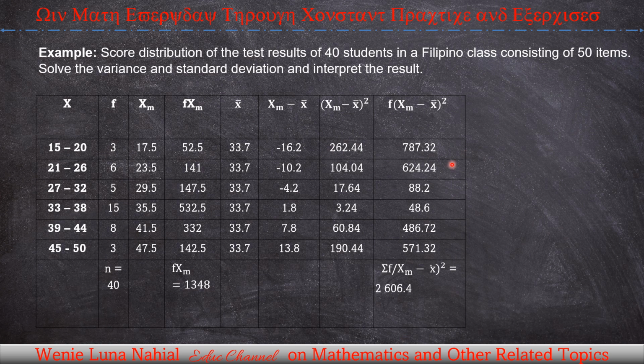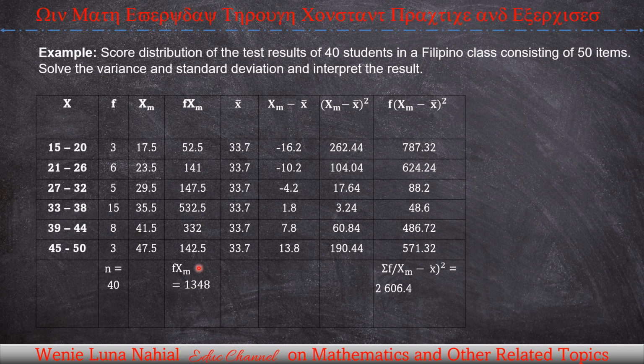Okay, so we have here an illustration. How many categories do we have here? 1, 2, 3, 4, 5, 6. So we have 6 categories. Okay, so the first thing that we have to know is the mean.